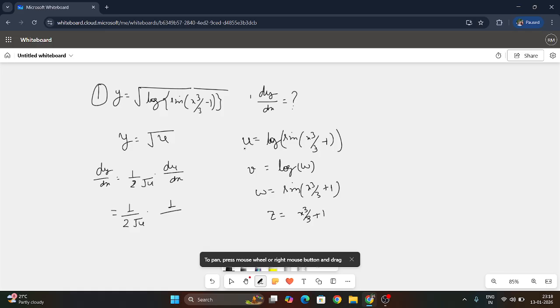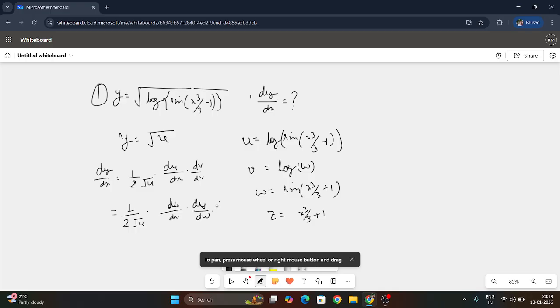So in this case, what you can do is consider v here, v here, and v here. So du by dv and dv by, you can consider like this. So write du by dv and dv by what?